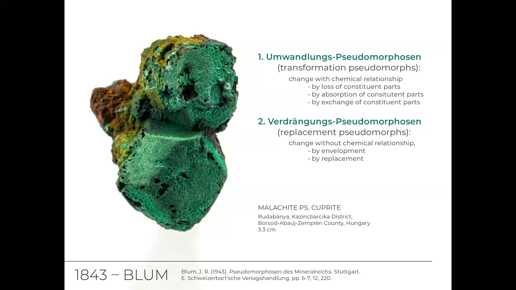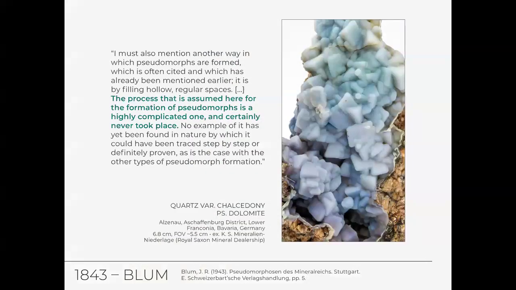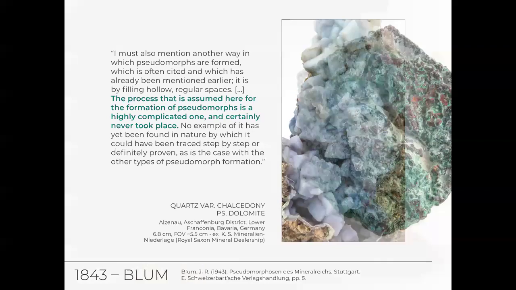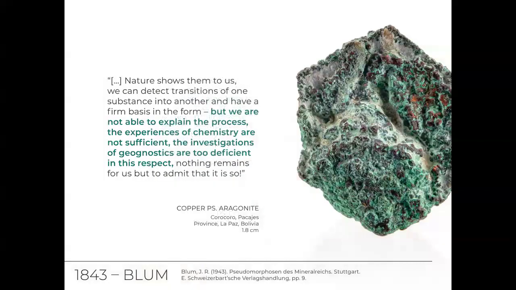Now, by replacement, he means a process by which a mineral is replaced by some mechanical action rather than a chemical. In the debate over whether the problematic pseudomorphs are replaced by chemical or mechanical processes, Blum adopts both. He's also another skeptic of infilling pseudomorphs, which he says certainly never took place. He echoes Steffens and others, declaring that science is still not sufficient to explain pseudomorphs. There are still deficiencies.